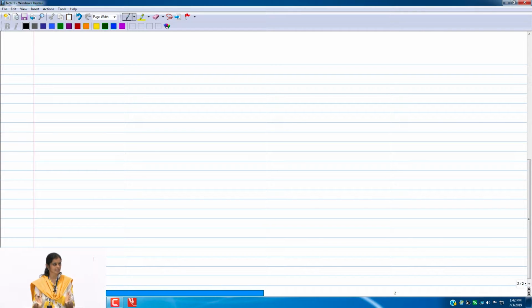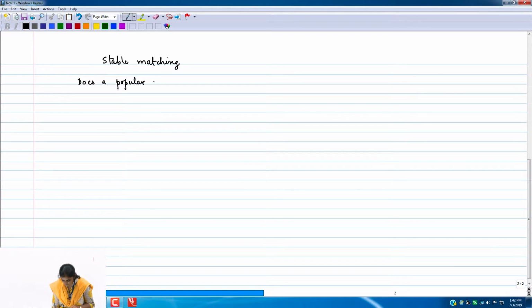That is, if I give you an instance of a stable matching problem with, let's say, incomplete lists but strict lists, with all of the lists strict, they can be possibly incomplete, then does a popular matching always exist? So please think about this question, and maybe you can raise your hands whoever thinks you know the answer.